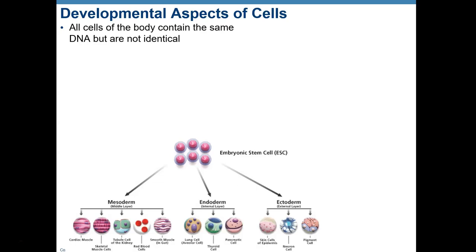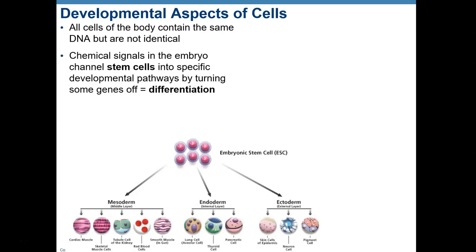And so even though they all have the complete DNA recipe in them, they're not going to necessarily express the same DNA. And so there are signals as we're developing in utero, as well as we're developing from children to adults.